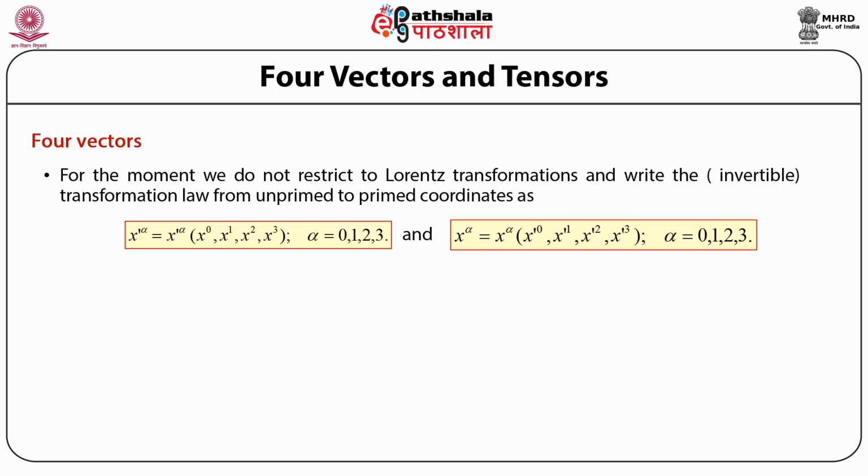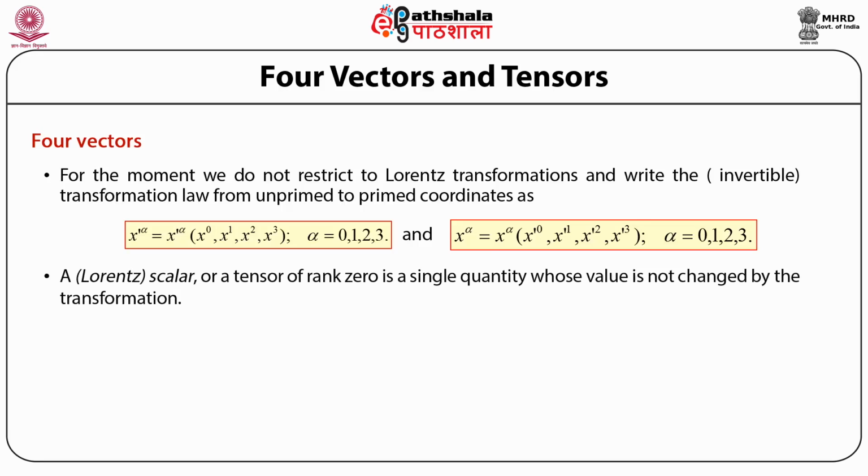Similarly, the inverse transformation can be defined as x superscript alpha is equal to x superscript alpha as a function of x prime superscript 0, x prime superscript 1, x prime superscript 2 and x prime superscript 3, where alpha again takes the values 0, 1, 2 and 3.